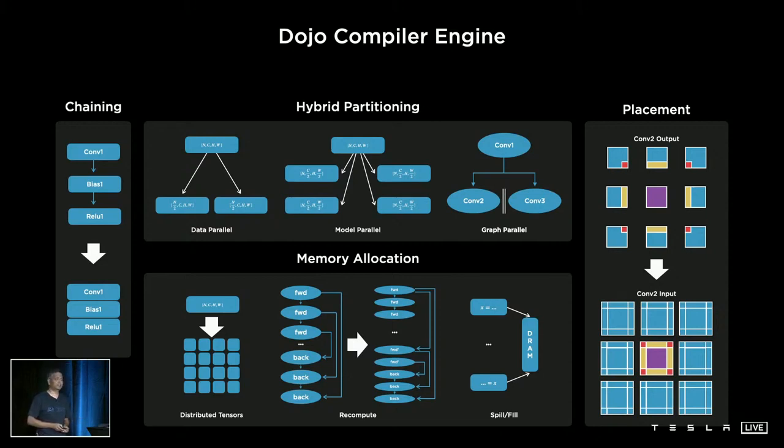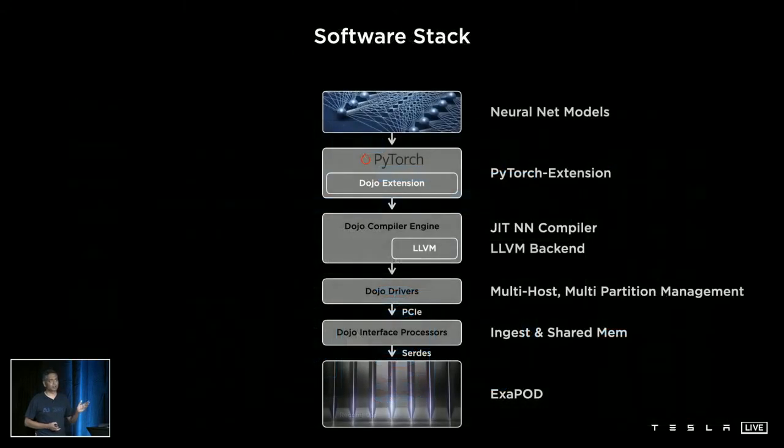And our compiler engine is just part of our entire software suite. The stack consists of an extension to PyTorch that ensures the same user-level interfaces that ML scientists are used to. And our compiler generates code on the fly such that it could be reused for subsequent execution. It has an LLVM backend that generates the binary for the hardware.